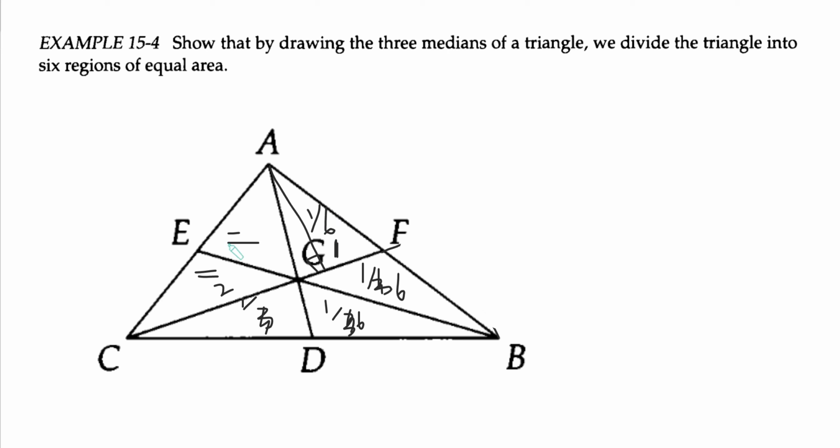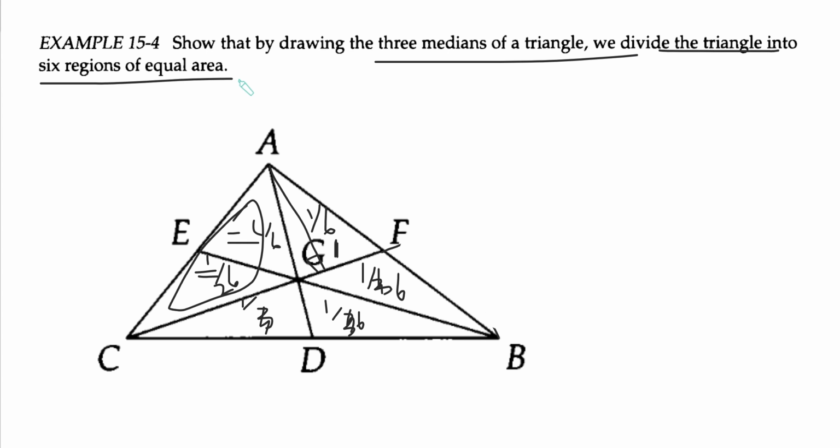Again, this is a third of AFC. So these two combined are 2/3 of AFC, but they're equal. So each one is a third of AFC, i.e. a sixth of ABC. So there you go. The three medians divide the triangle into 6 regions of equal area.